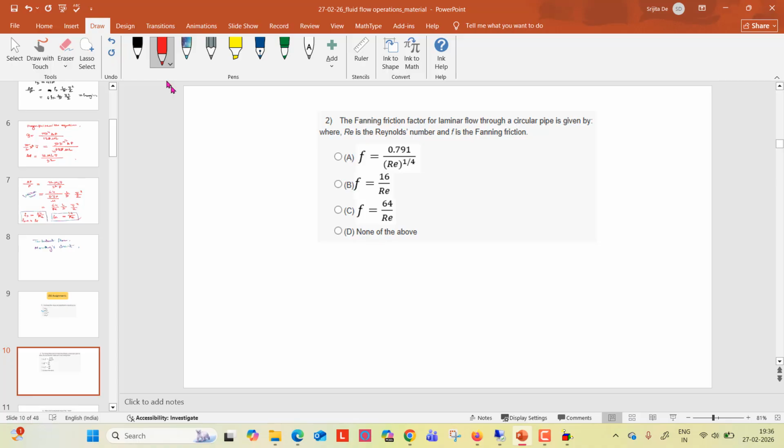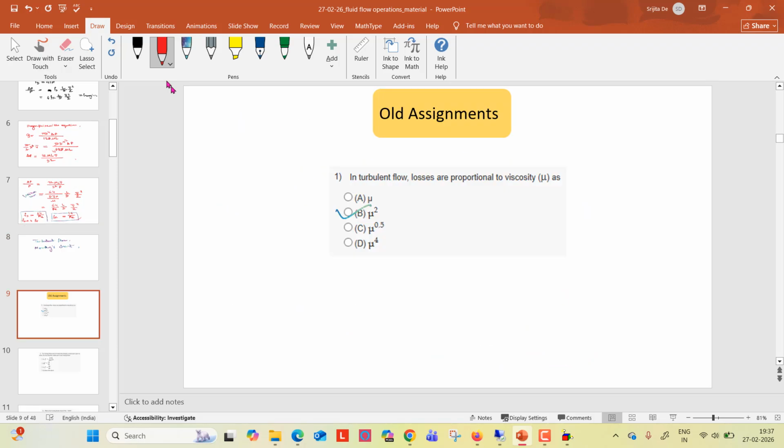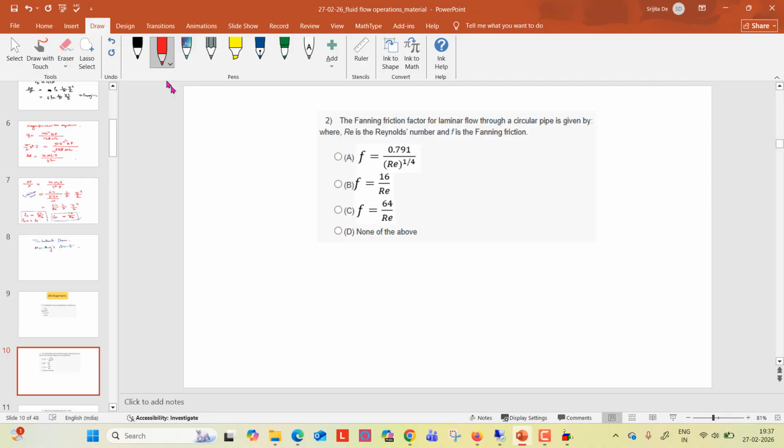Next, the Fanning friction factor for laminar flow through a circular pipe is given by this. We have seen the Fanning friction factor. The Darcy friction factor in laminar flow is given by 64 by Re, so the Fanning friction factor will be 1/4 of that, which is 16 by Re.